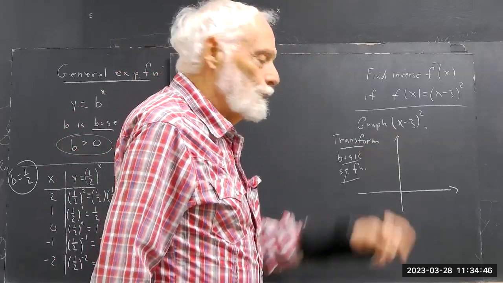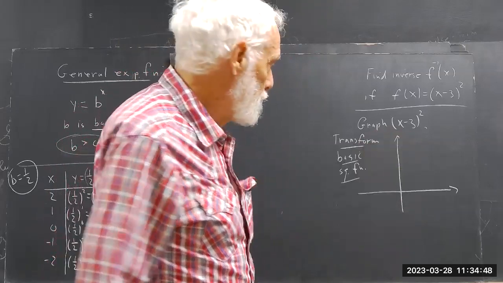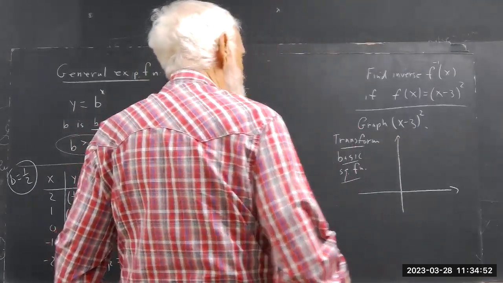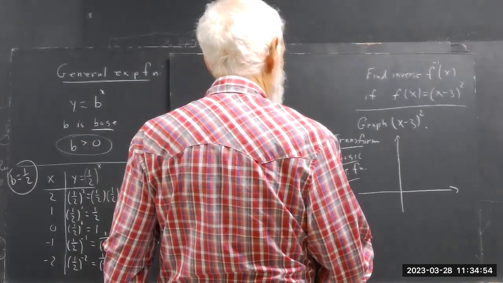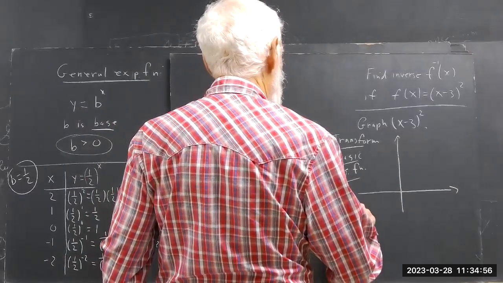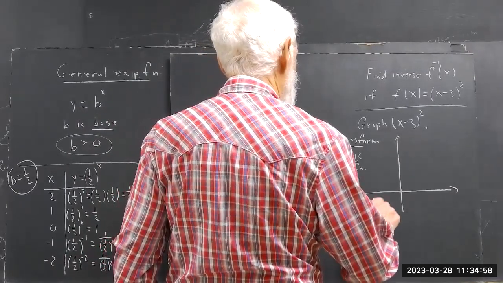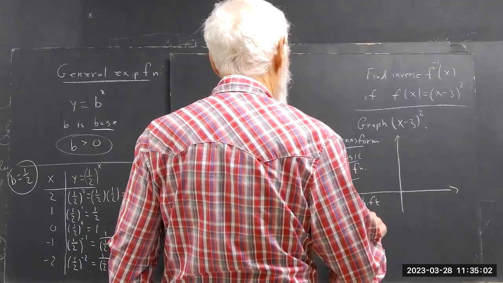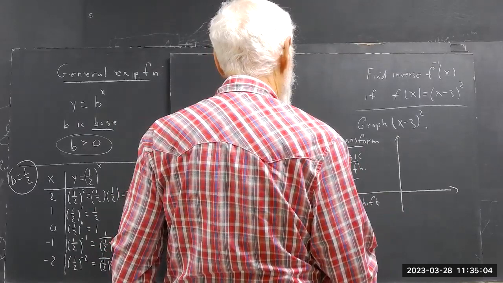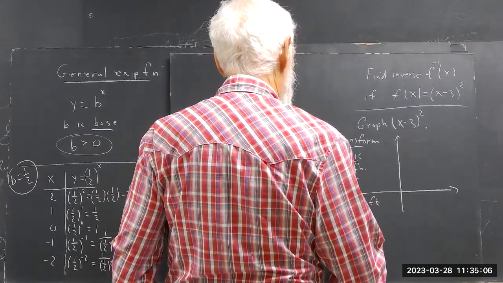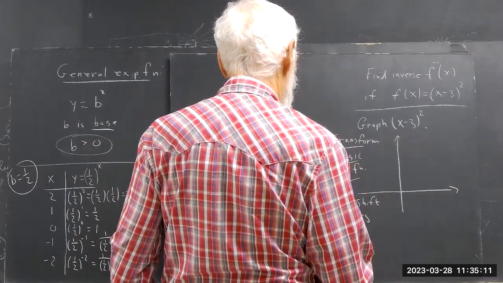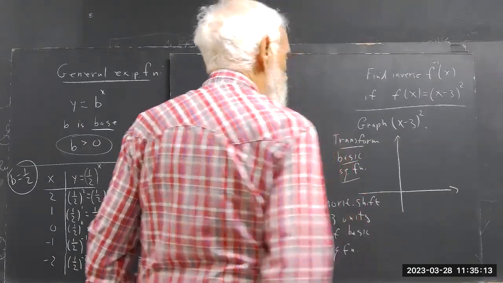Okay. We want to graph the (x minus 3) squared function by transforming the basic squaring function. I want the transformation.